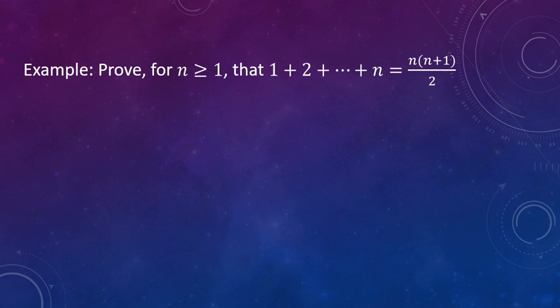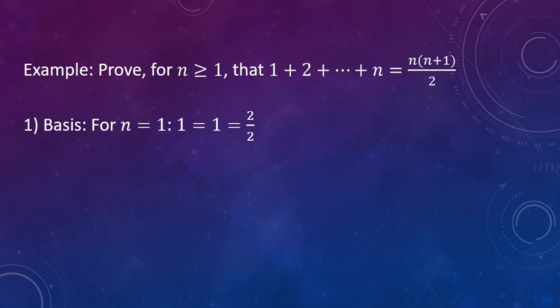That is to say, we need to show that this thing is true for when n is equal to 1. So what we do is we take this n value and we plug it into each side of this equation, and we want to see that the left and right hand sides do indeed equal each other.